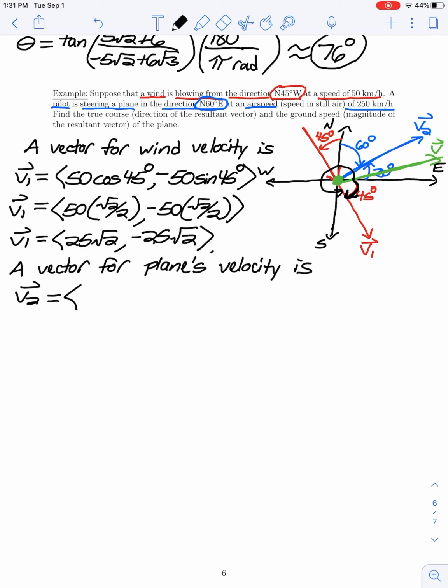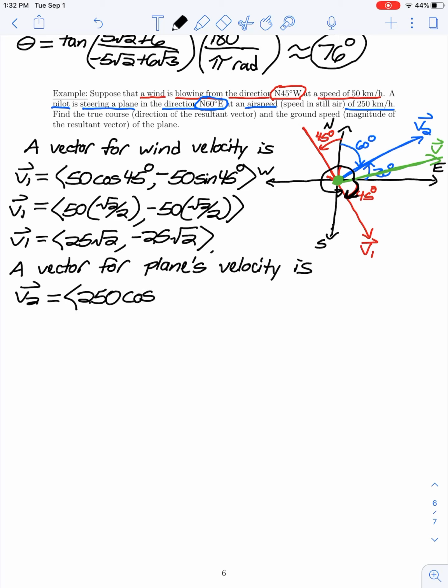And here we saw that the vector V2 formed an angle of 30 degrees measured counterclockwise from the positive x-axis. And the airspeed of this plane was 250 kilometers per hour. So we would have our magnitude of that velocity vector, which is 250.